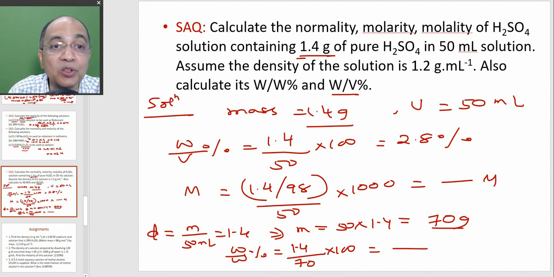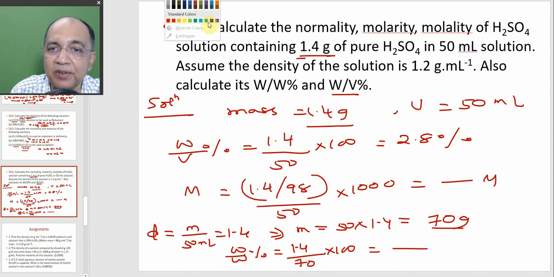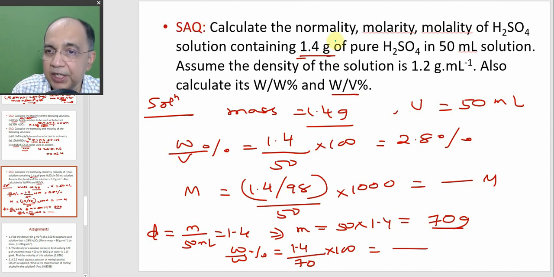Now you are left with only one thing. Tell me what? Molality. Let me take a different color and annotate there itself. Let me do it in green. Now here, what is the mass? Out of 70 gram, you have 1.4 gram of pure solute. So what is the mass of solvent? Mass of solvent is equal to 70 minus 1.4, that is 68.6.